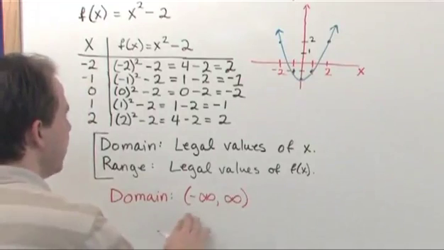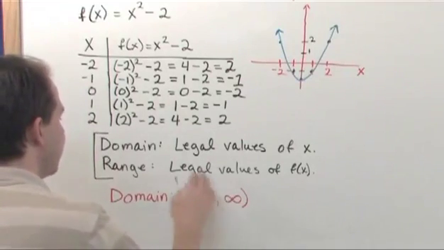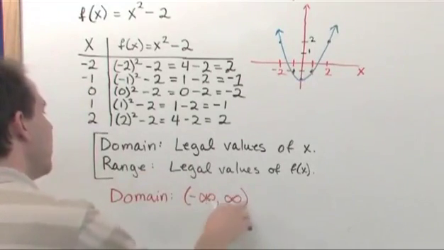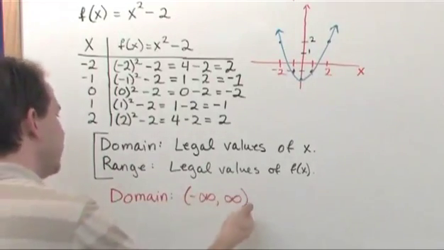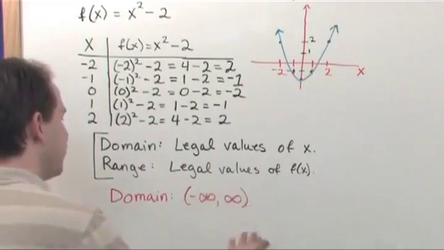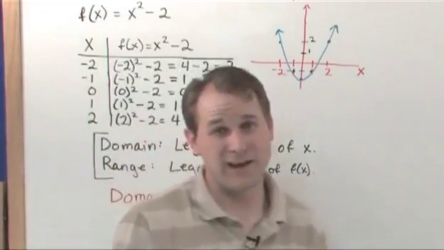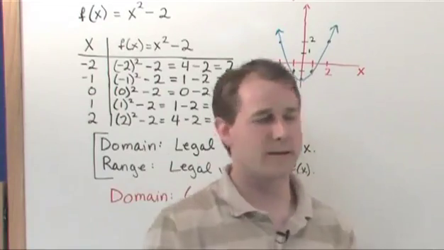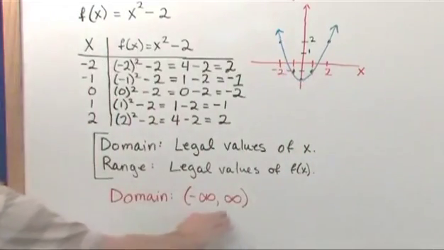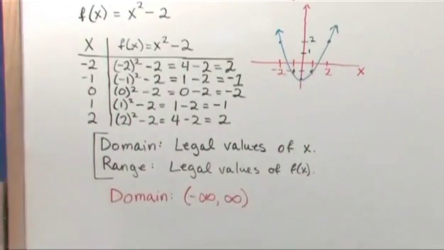I think you'll see what I mean when I do the next part with the range. So it's -infinity to infinity, but not inclusive of the endpoints, because you can't ever actually get to -infinity, so you can't really say that you include that as one of your endpoints. What it's really saying here is the domain of this function is everything, all possible values of x.